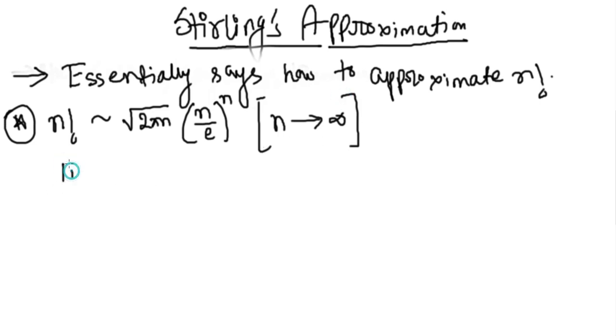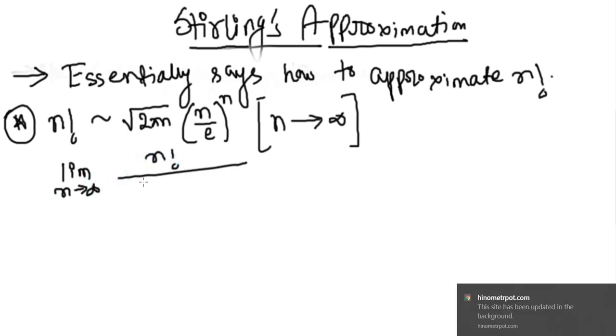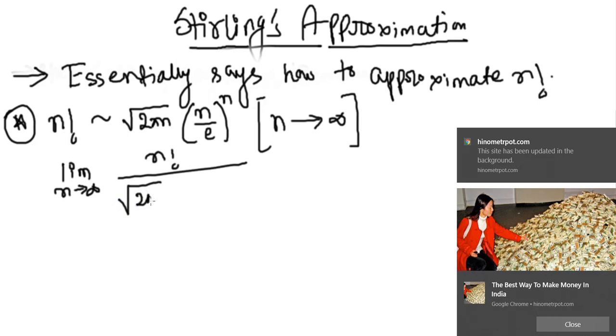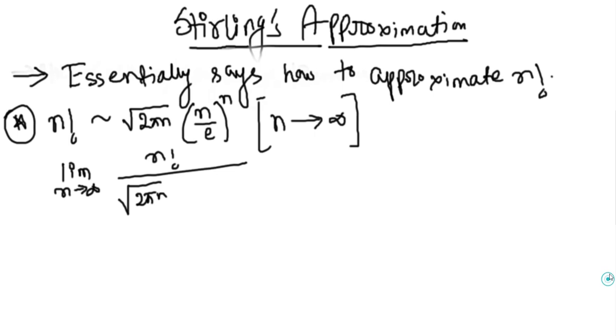So it's like this: the limit as n tends to infinity of n factorial divided by root over 2 pi n times n by e to the power n is equal to 1. That is, the limiting value of both of these is the same, and the limiting value of n factorial approaches this.